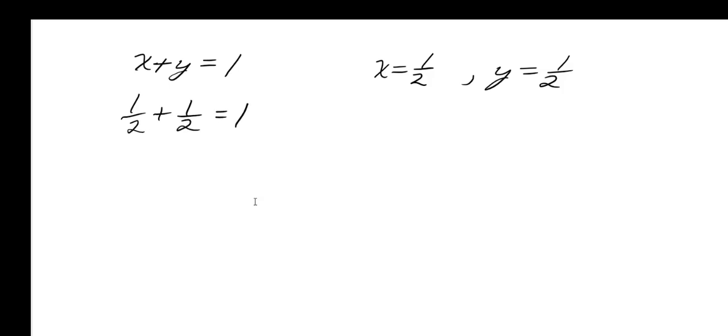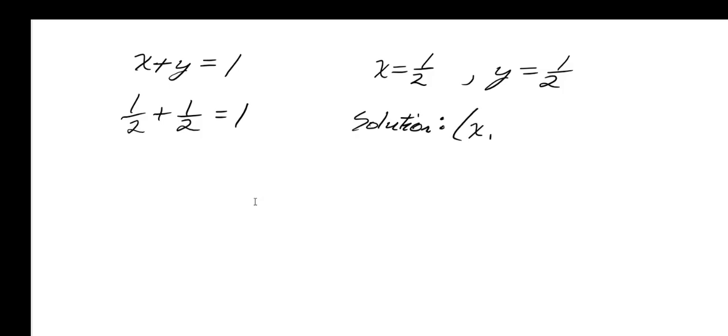So this means that together at the same time, if I let x take the value 1/2 and y take the value 1/2, then the equation is satisfied, or the equation is true. So a solution would be together x and y equaling 1/2.